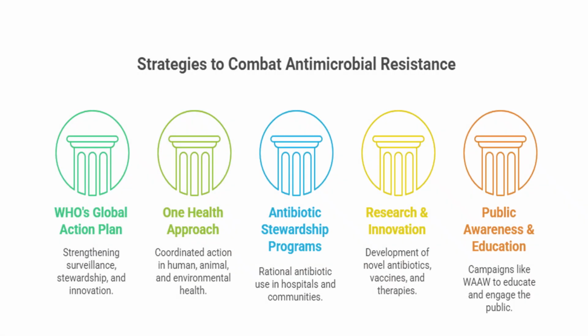To defeat AMR, the world must act on five strong pillars: strategy, science, stewardship, innovation, and awareness, from global plans to local action. These are the shields we must raise to protect the future of medicine.